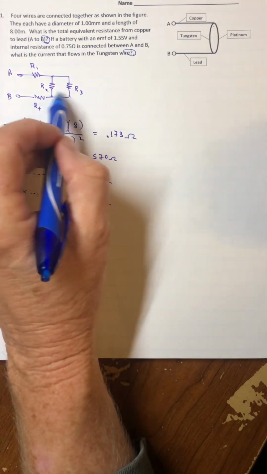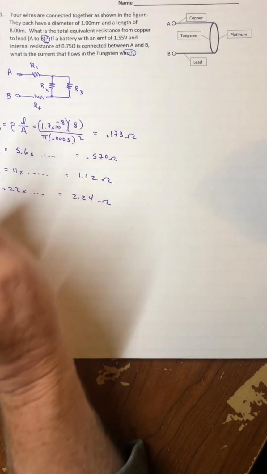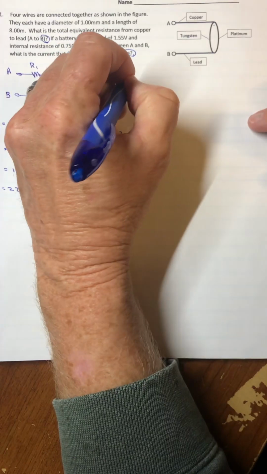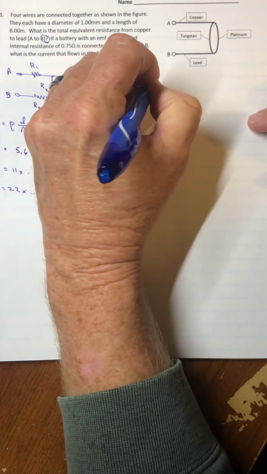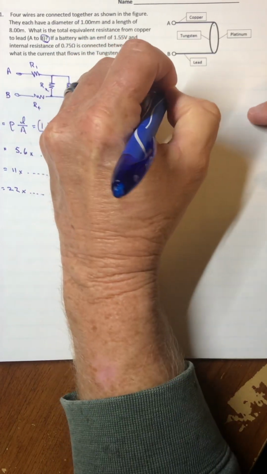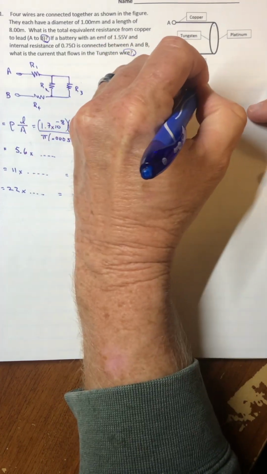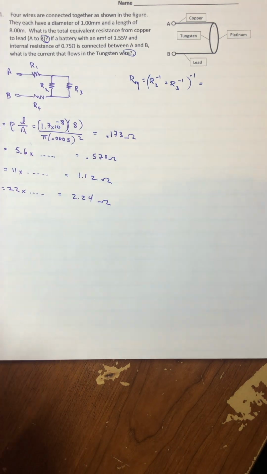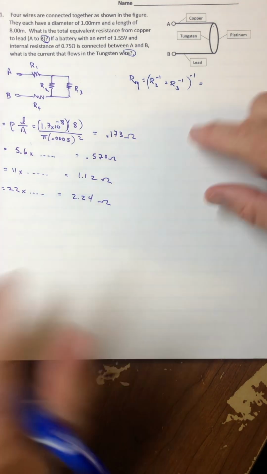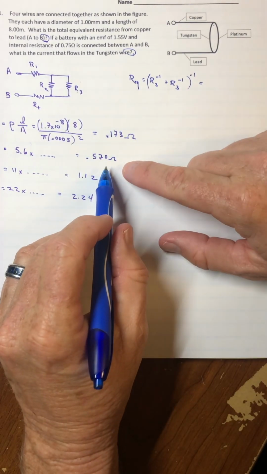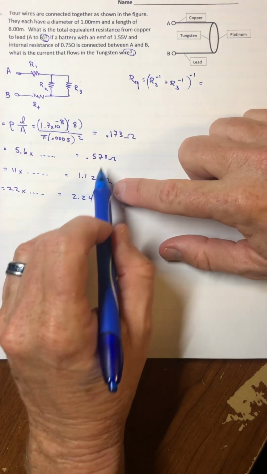But it looks like the 2 and the 3 are in parallel. So let me find that equivalent. So I'll take the reciprocal of 2 and the reciprocal of 3 and take the reciprocal of that. And remember, we said that the math meant that the overall resistance will be smaller than the smallest.